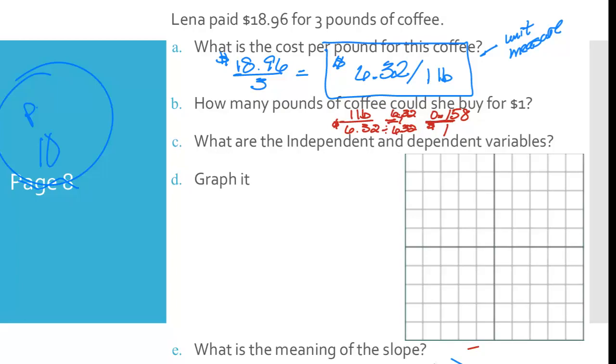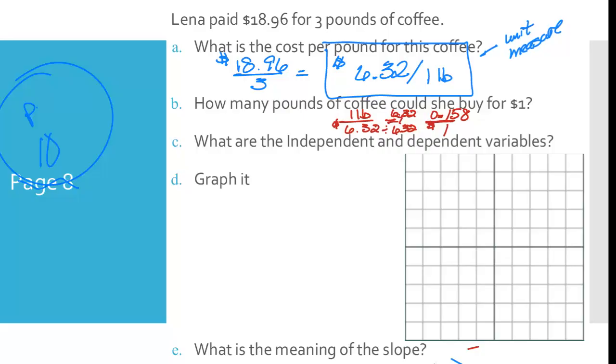0.158. Now we're talking about money, right? Should we round up or should we round down? Probably up because it is at least 15.8 cents.